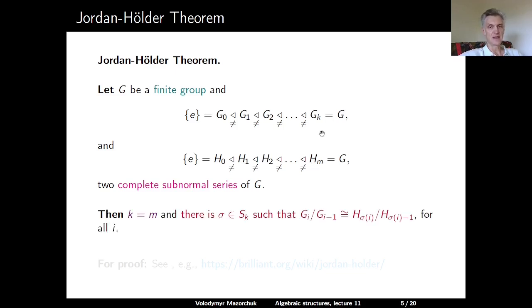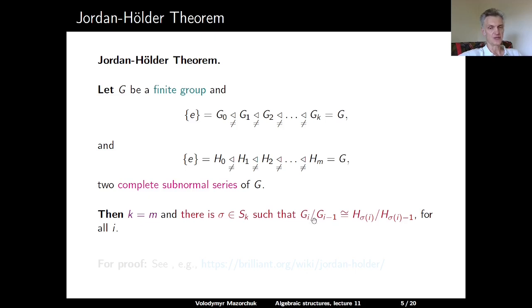Then the claim is that the lengths of these two series coincide, and there is a permutation sigma in S_k, so k is the common length, such that the corresponding subquotients in the two series are isomorphic.